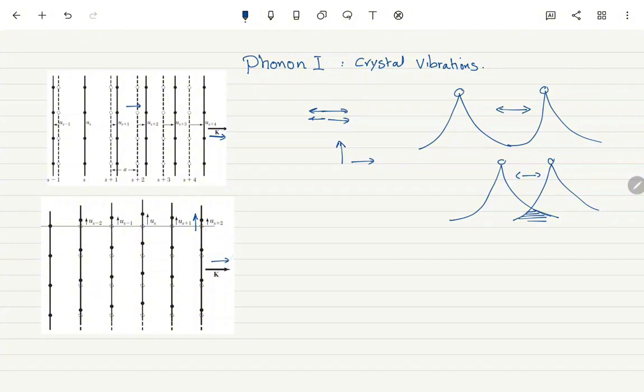So atoms, when they interact with each other, vibrate along the wave vector or perpendicular to the wave vector. In this lecture, we will discuss how these atoms interact and what is the frequency of an elastic wave.